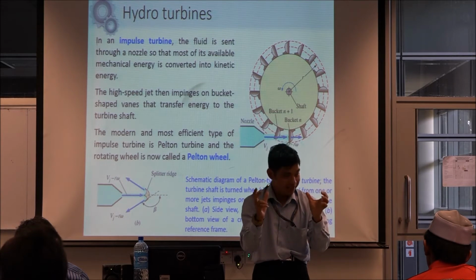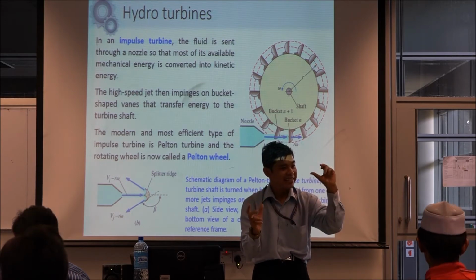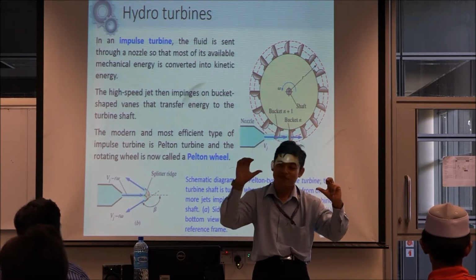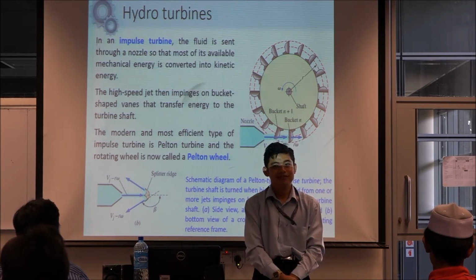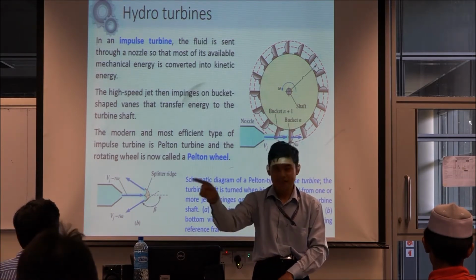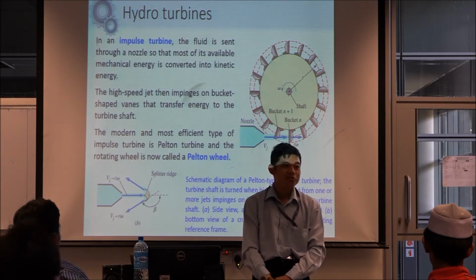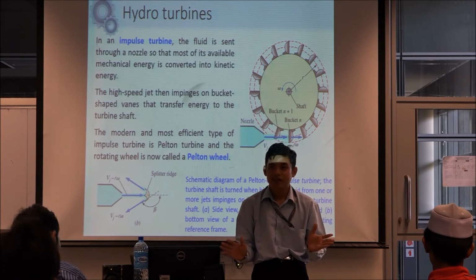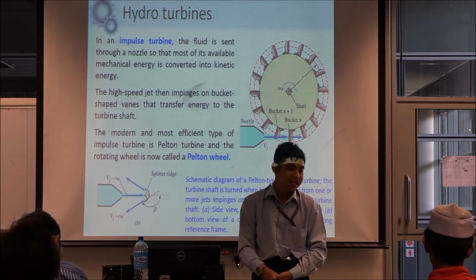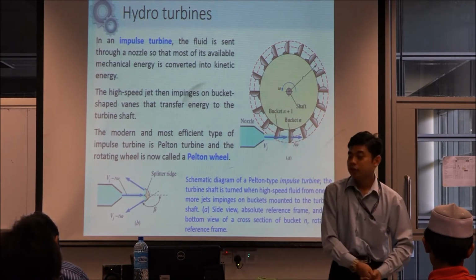A component that is in the impulse turbine, not available in the reaction turbine. Yes, nozzle. You will not find a nozzle in the reaction turbine. It's only applicable in the impulse turbine.